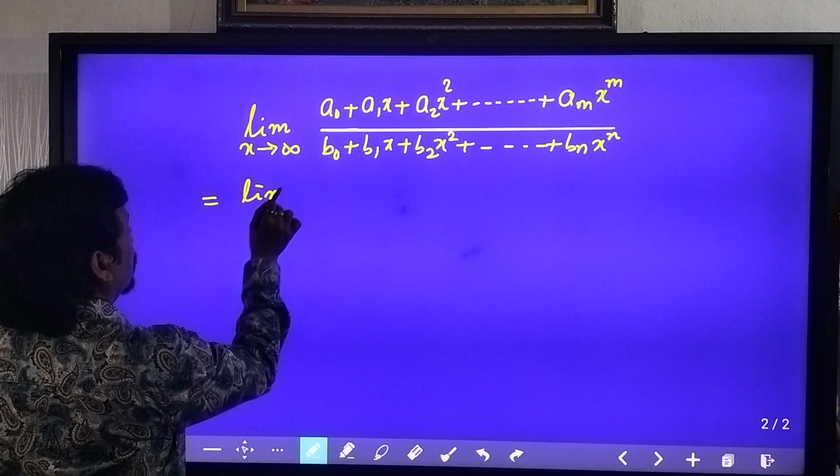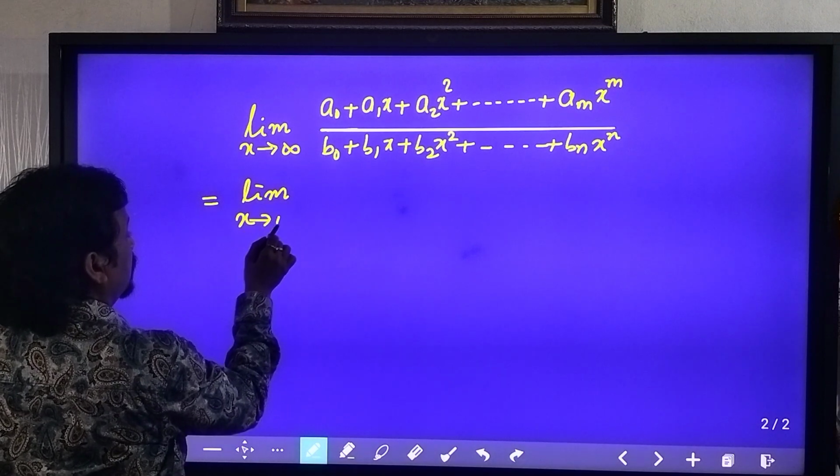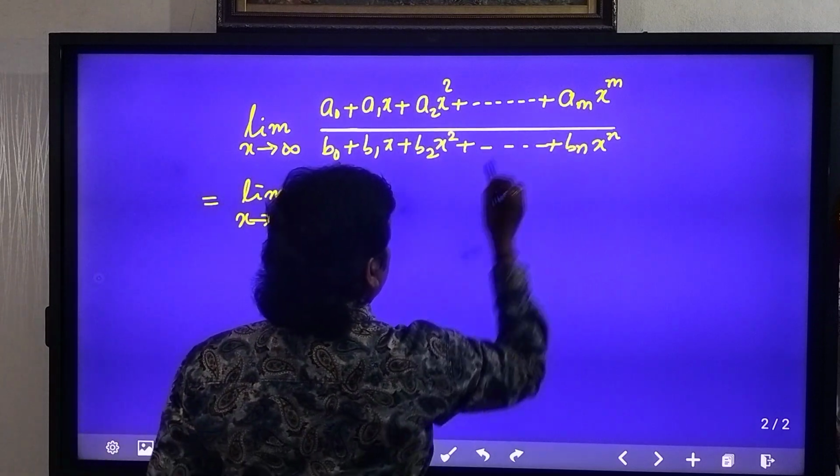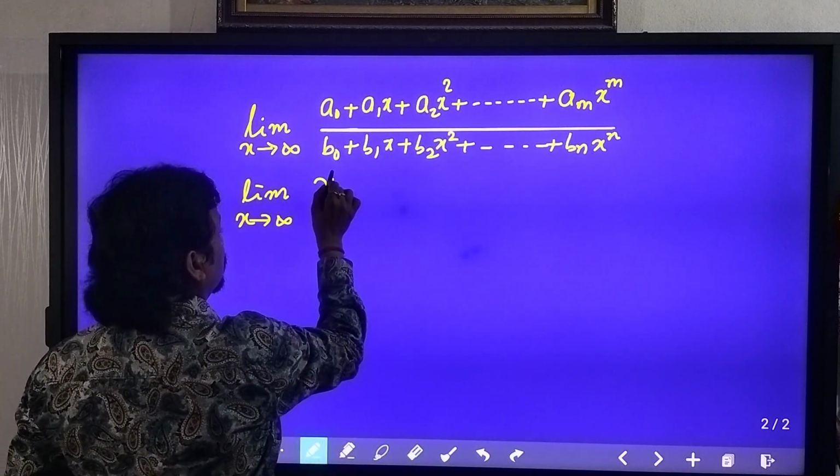Limit x tends to infinity. Let us take common from the numerator x to the power m.